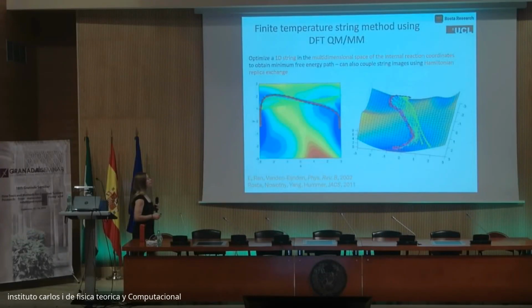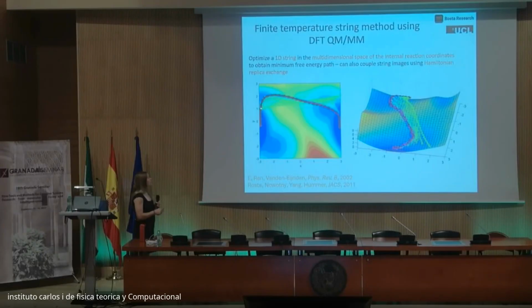Then instead of using simple umbrella sampling, we can use something called the finite temperature string method, where we look at this one-dimensional path in this very high-dimensional space and determine the minimum free energy path in this high-dimensional space.